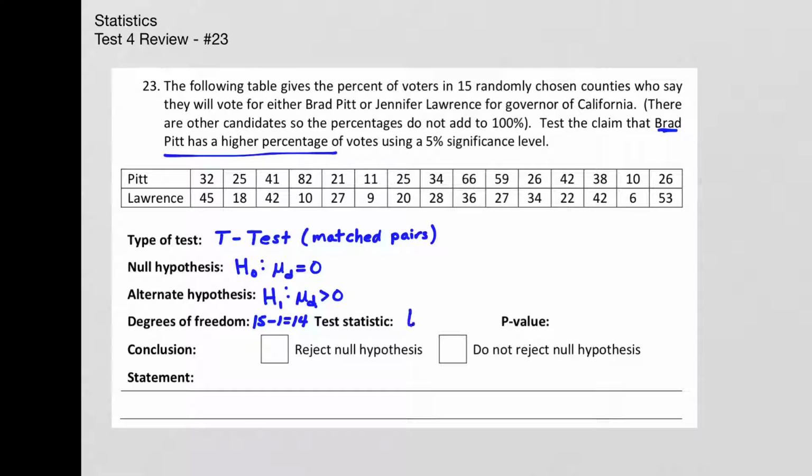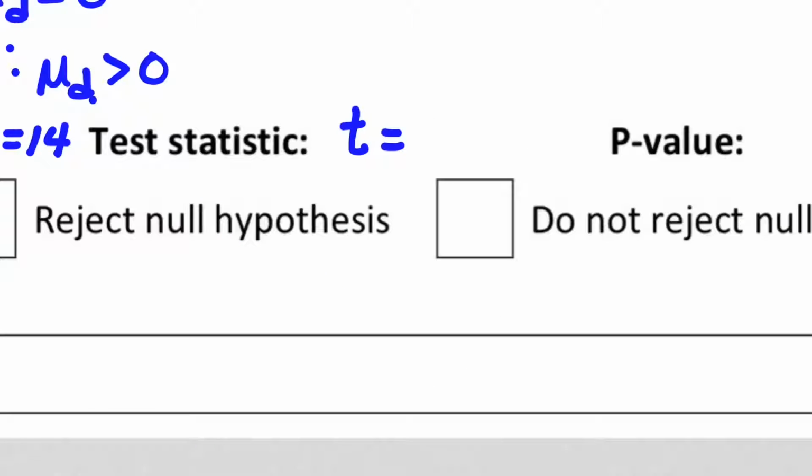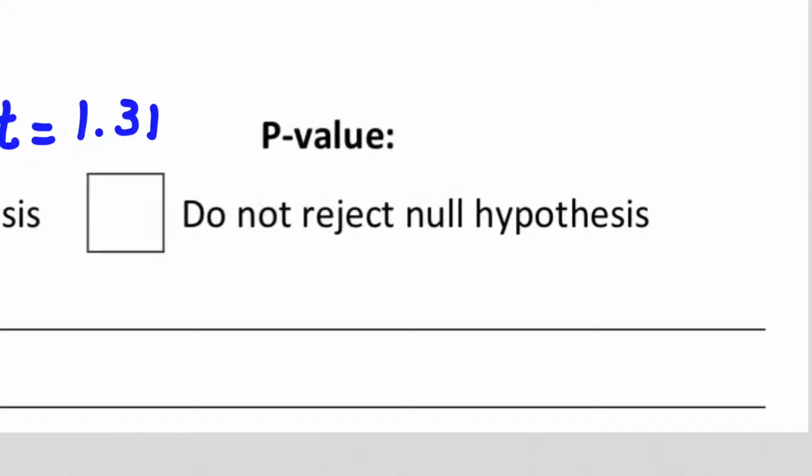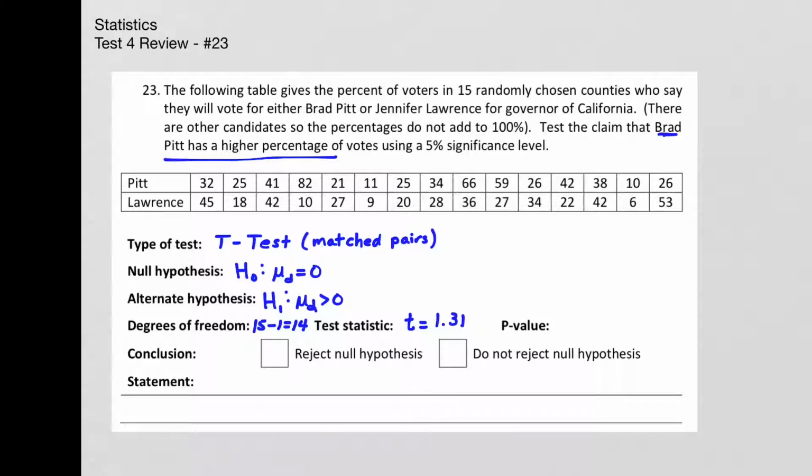Our test statistic was 1.31, and our p-value, sorry, I'm having a zooming issue here, is 0.1057.